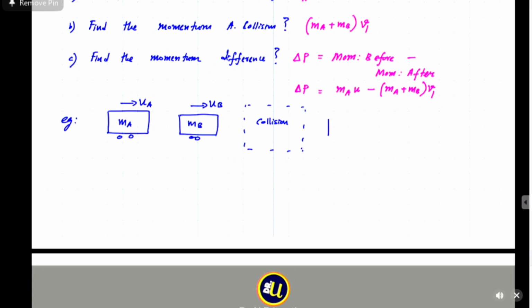So what is happening now after collision? MA is moving with vA. Here MB, which has vB. Yeah, all good?